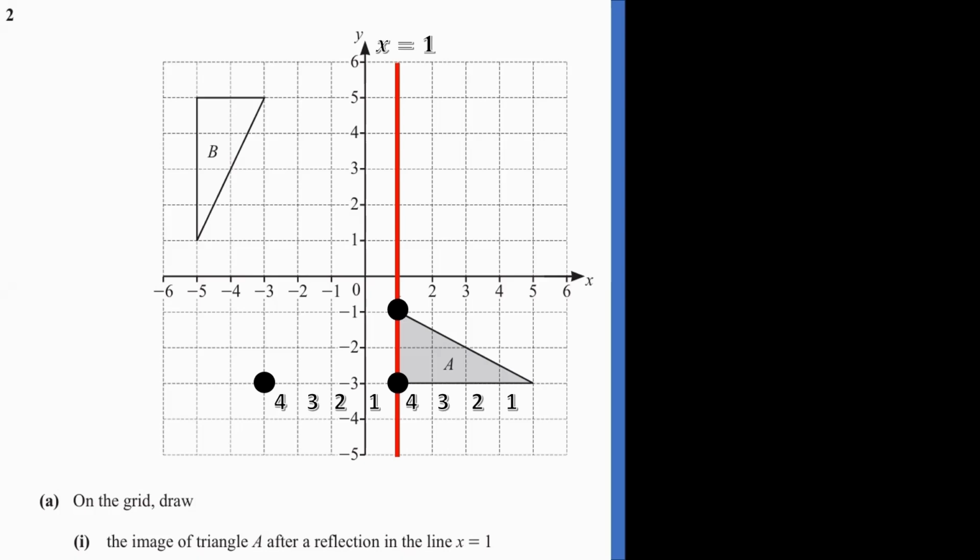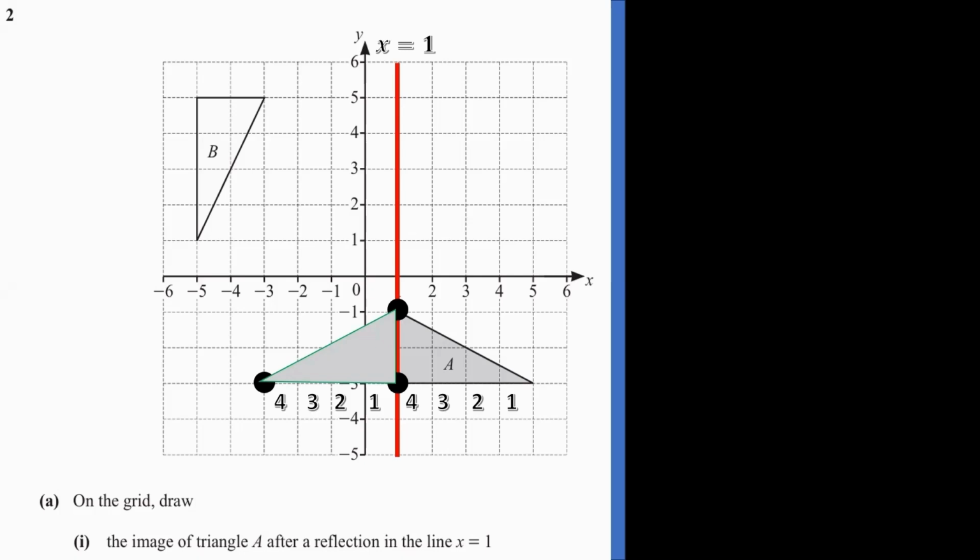I'll say the image point and the object point for those 2 vertices that are on the red line will coincide. After reflection, the object point will also become the image point. Both will lie on that red line. And so we now draw the complete triangle to show the final reflection. And so this is what we get.